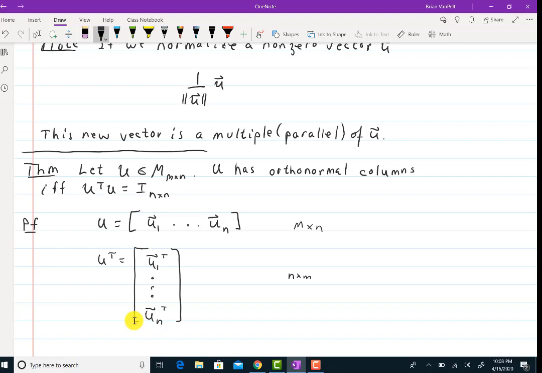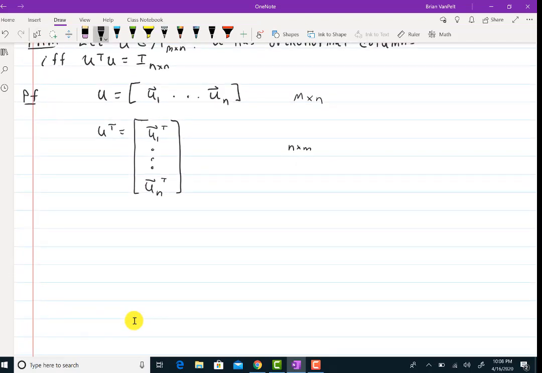Let's go ahead and do U transpose times U. I think this is a good exercise in seeing how matrix multiplication is done on a vector-to-vector basis. So we'll go ahead and put these things in. I have U1 transpose all the way down to UN transpose times U1 all the way up to UN.